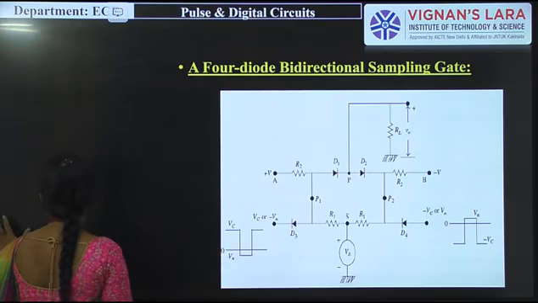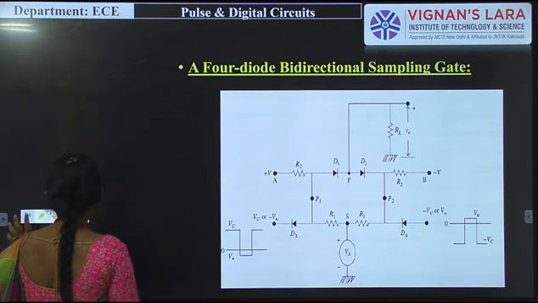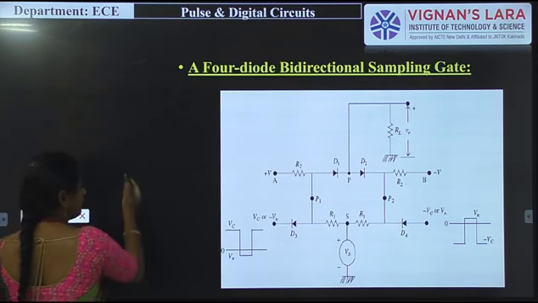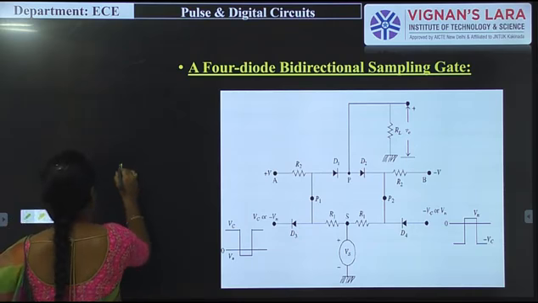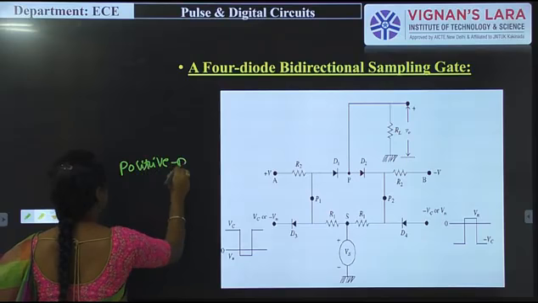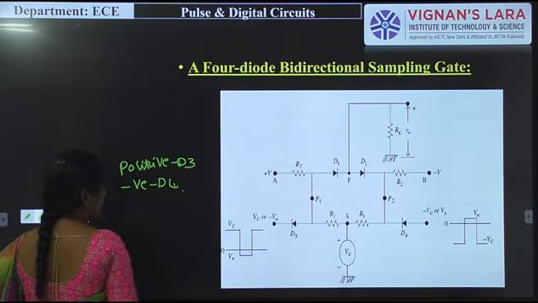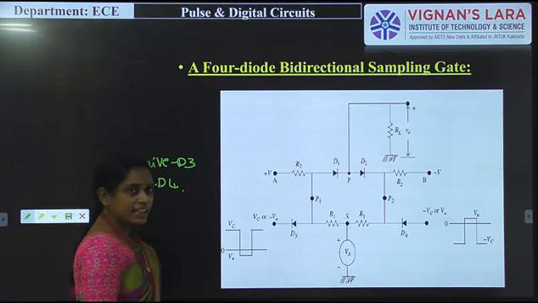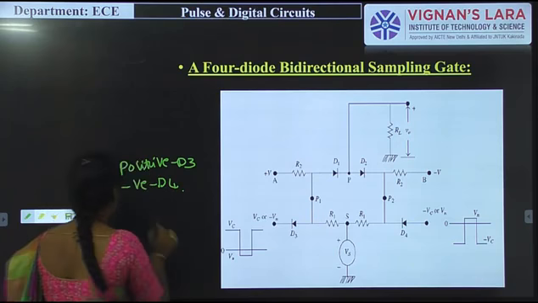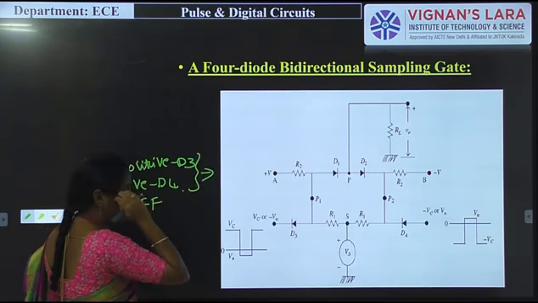Let us check the first condition. We apply a positive signal to the diode D3 and a negative signal to the diode D4. During this time, both diodes D3 and D4 go to off condition.